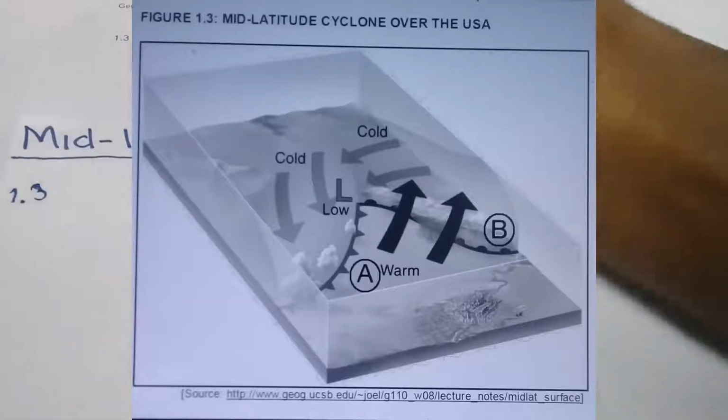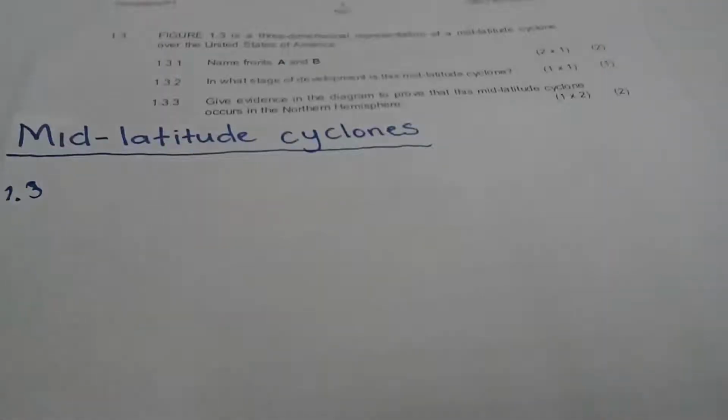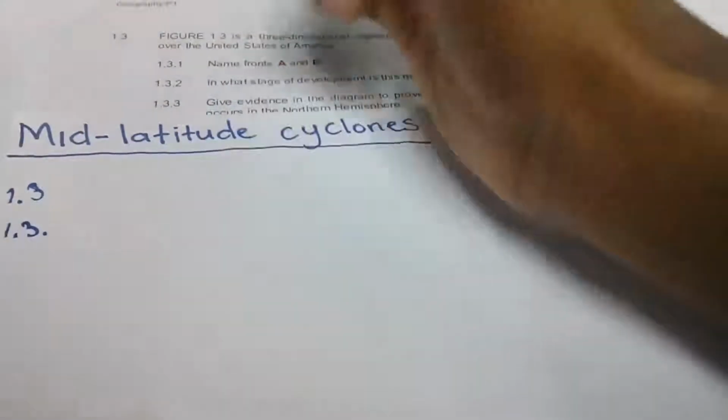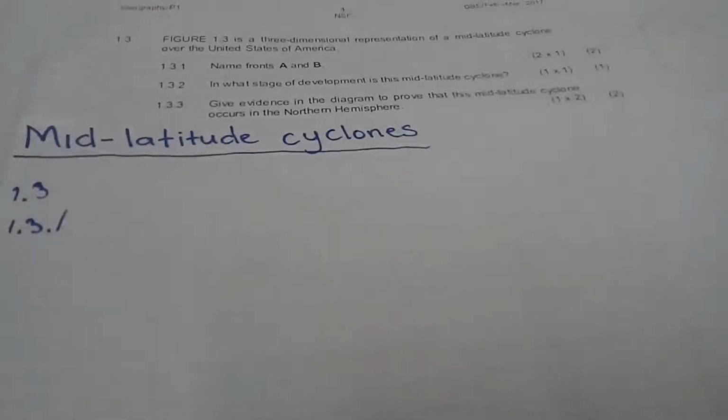So question 1.3 says figure, on the annexure, is a three-dimensional representation of a mid-latitude cyclone over the United States of America. 1.3.1, name front A and B. Looking at our annexure, name front A and front B.